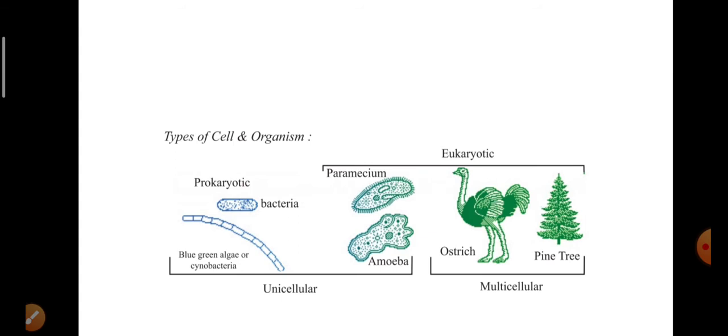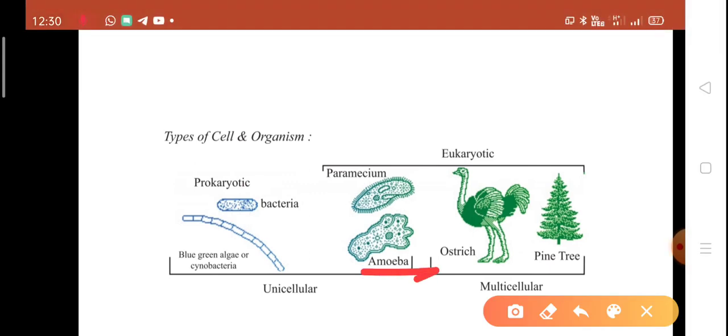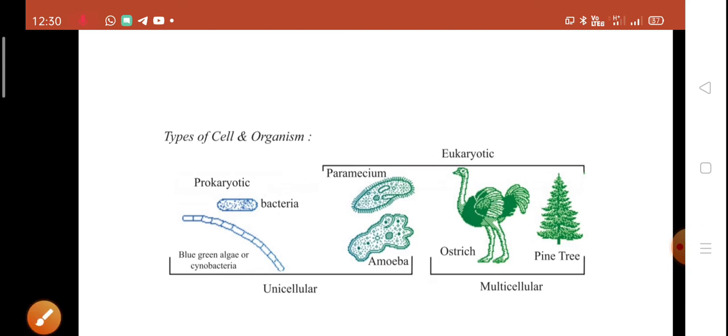The small number of cells in a smaller organism does not in any way affect the functioning of such an organism. For example, the single cell amoeba performs all the functions such as capturing food, digesting food, respiration and so on.